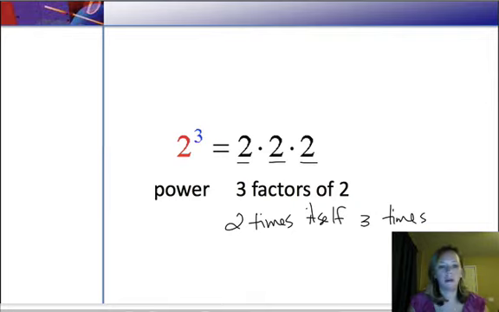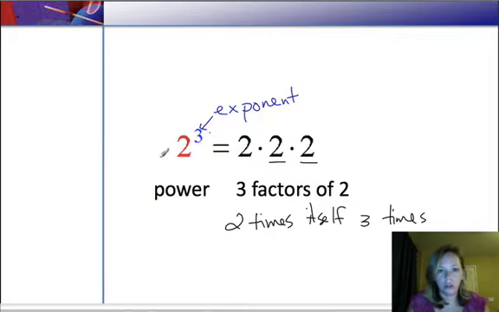So let's talk a little bit more about the vocabulary here. The 3 that's in the top position, that little arrow in blue, the 3 is the exponent, and that tells you how many times to multiply the factor by itself.